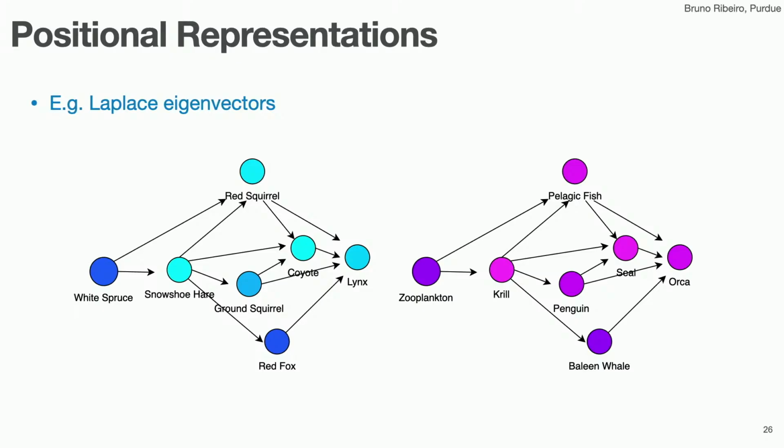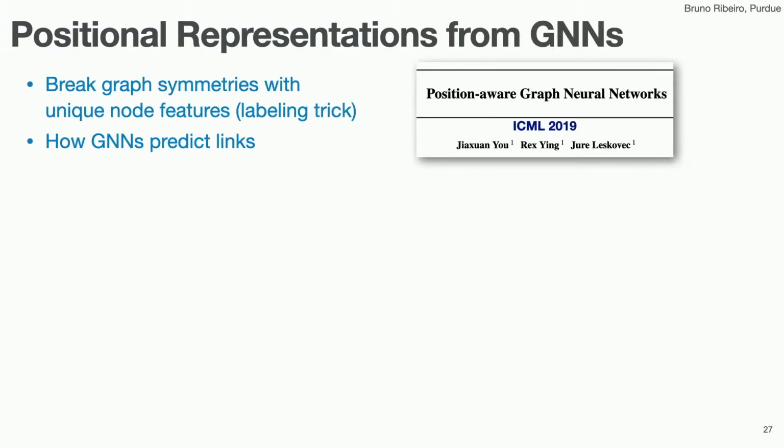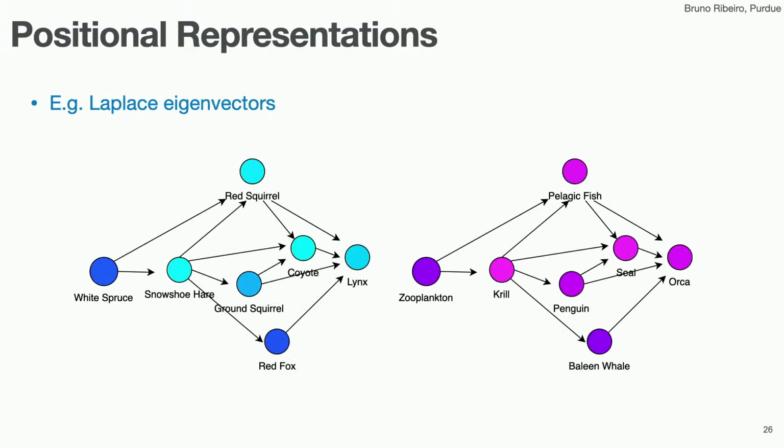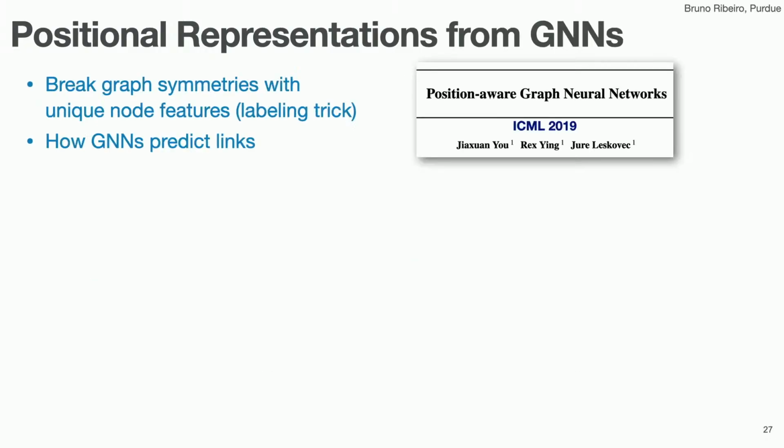Okay, what about positional representations? Let's forget, so we can say, well, then equivariances are not useful. Let's go with positional representations to do our tasks, right? Say Laplace eigenvector, right? We get these distinct embeddings. And also, at least the first work that I know on using some unique node features to break symmetries on GNNs so they can get some kind of positional node embeddings is the work on position-aware graph neural networks.